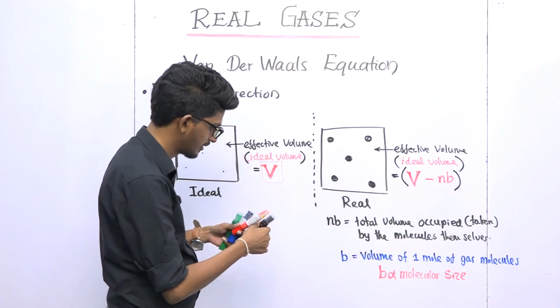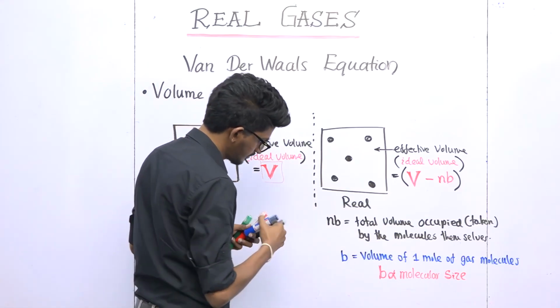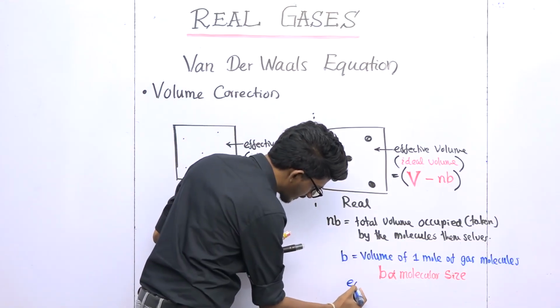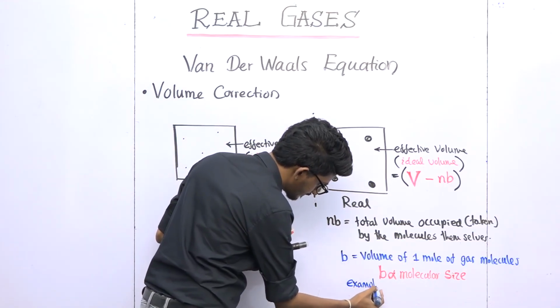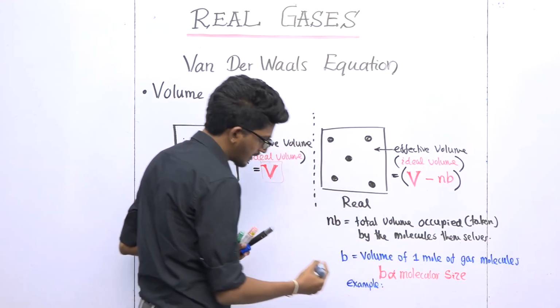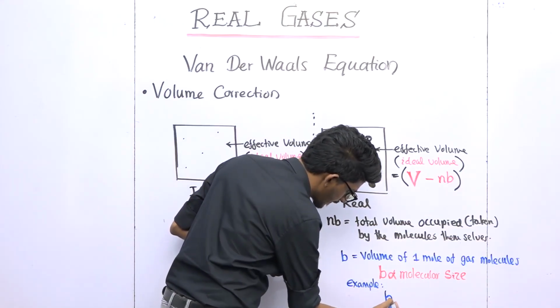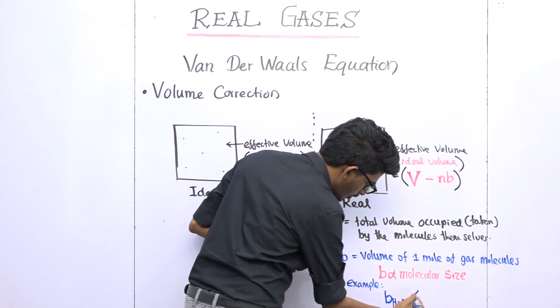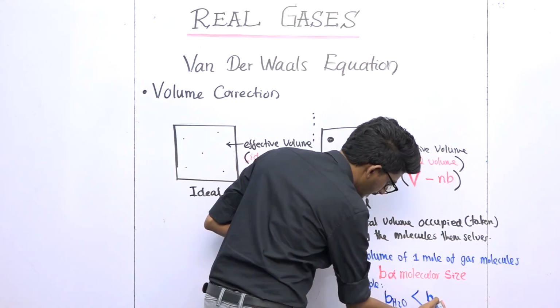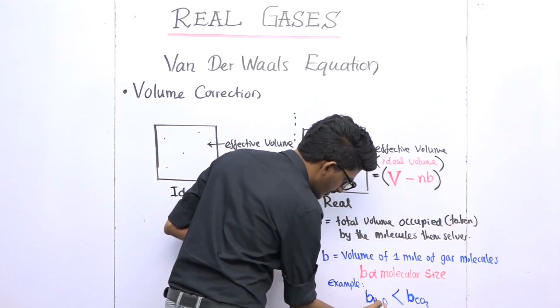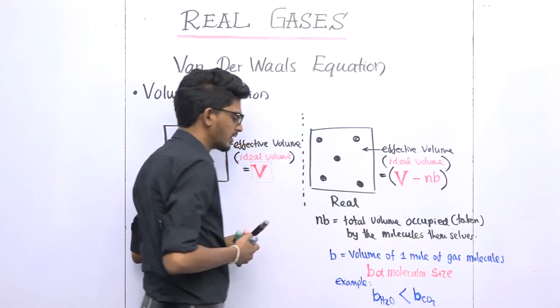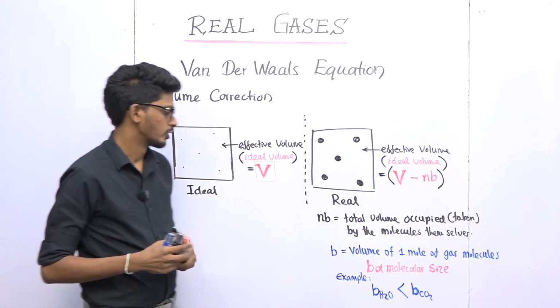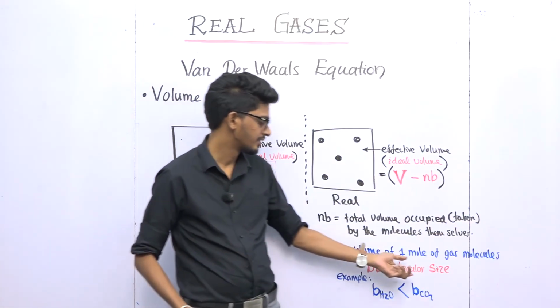If you need an example, the b of H2O is smaller than the b of CO2.